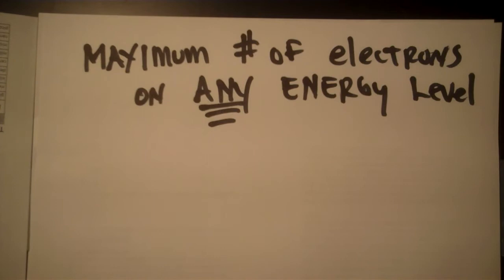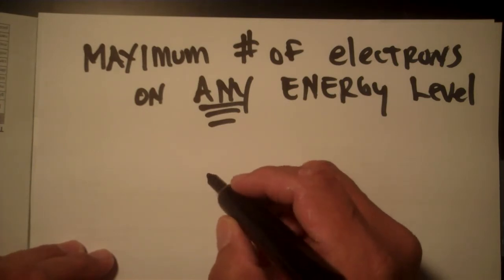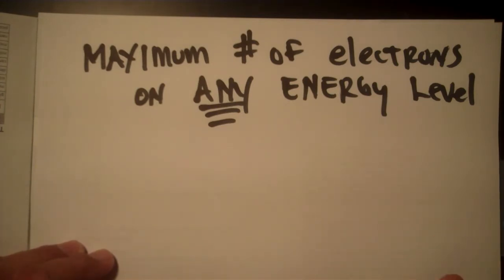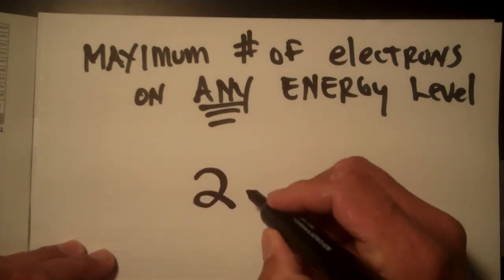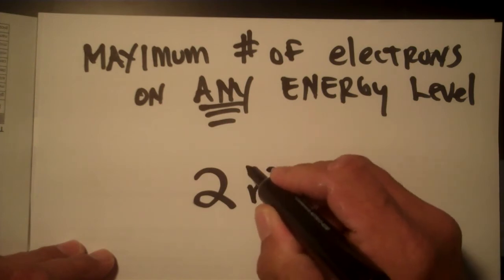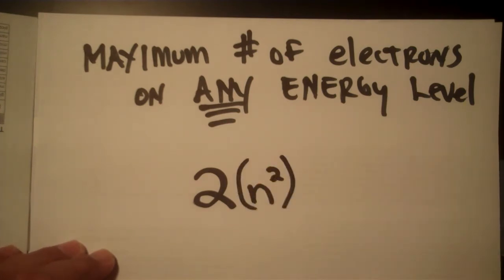The maximum number of electrons, if I ask you that, a lot of you would raise your hand and say 8. And as you listened to the previous videos, some of you may say, well, 2, or 8, or 18. Well, I'm going to show you an easy way of figuring out what it is. If I ask you the maximum number of electrons on any energy level, the answer is 2n squared, and n squared is in parentheses.